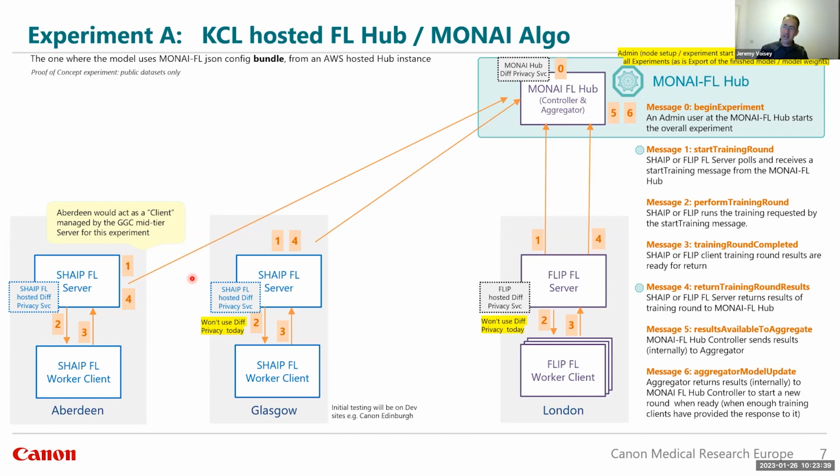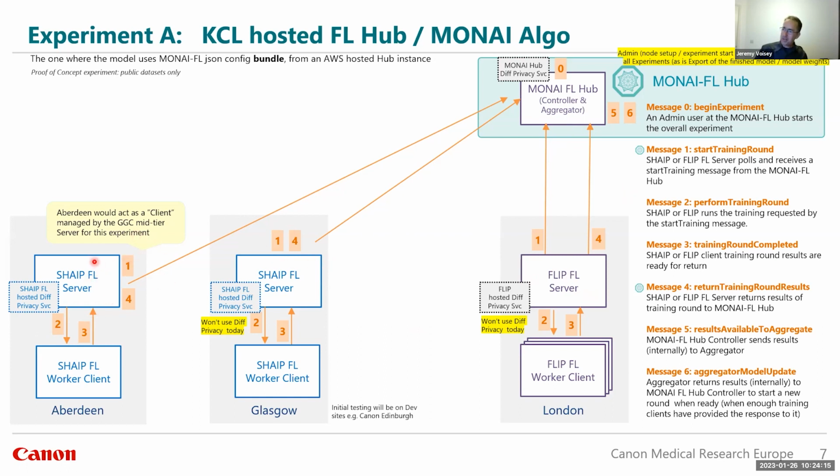Yes, both centers, SHAIP and FLIP, made use of the NVFlare code, but MONAI FL is independent of that. So the MONAI FL definition doesn't insist that you use NVFlare at all. You're able to use whatever FL platform that you wanted to. So that would be the potential: within these gray boxes, you would take your pick of NVFlare or alternatives. But then outside of that, each one could be using a different FL platform.